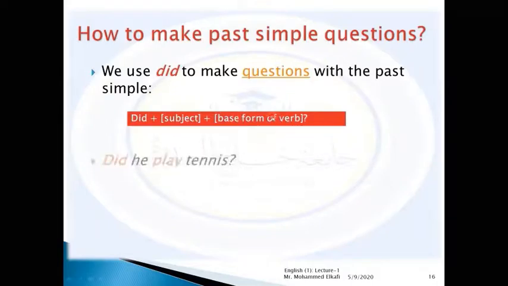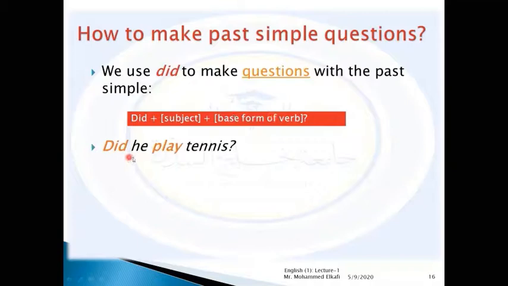So let's think of some examples. Did he play tennis? We use did, then the subject he, then play without adding anything. Okay. Did he play tennis? Did you meet your teacher?